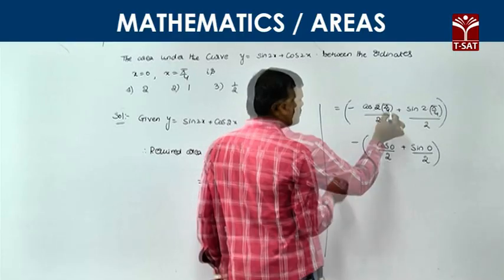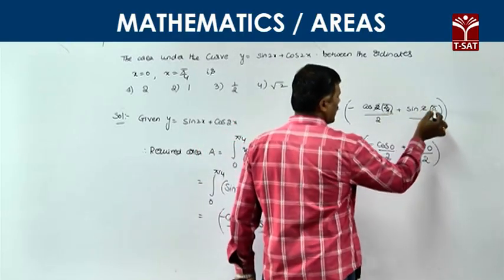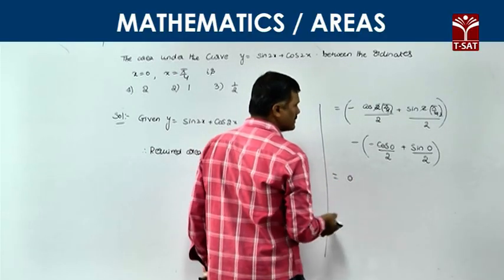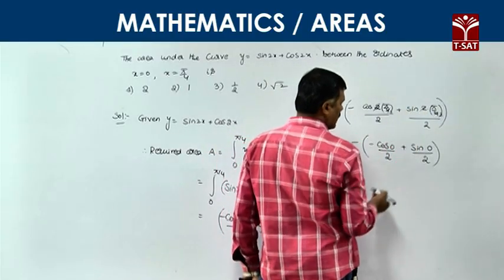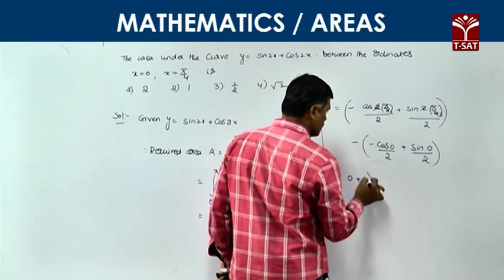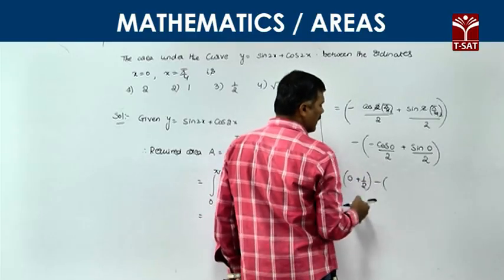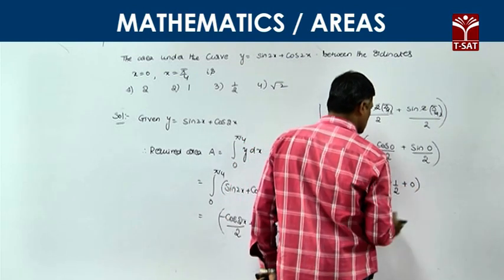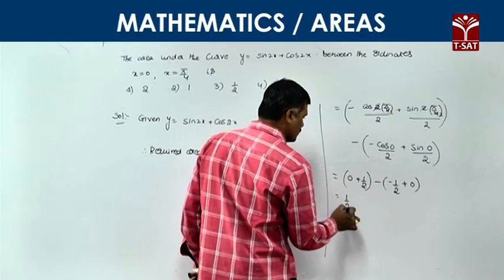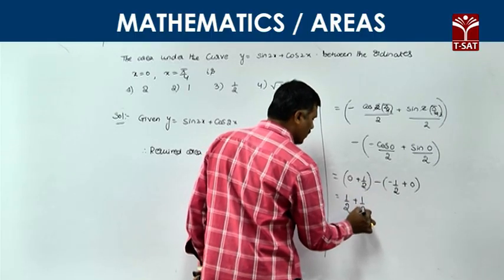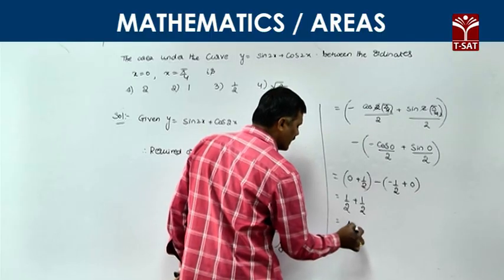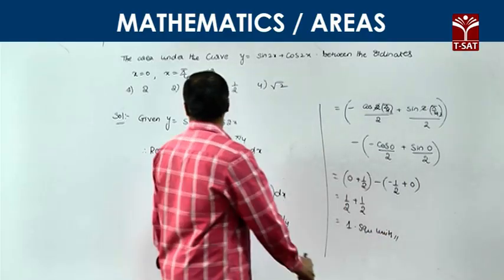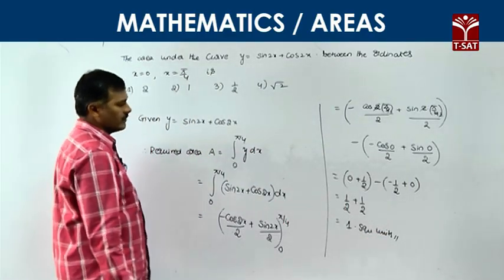That is equal to, 2 times cancelled 4 and here also 2 times: minus cos 90° value 0, 0 by anything is 0, plus sin 90° is 1, by 2, plus 1 by 2, minus cos 0 value 1, minus 1 by 2, plus sin 0 is 0. That is equal to 1/2 minus of minus, plus 1/2, half plus half, that is equal to 1 square unit, which is the required solution of the given problem.